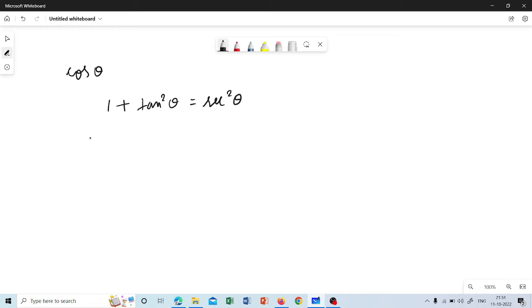So again I can write tan theta, now in terms of cos. So this is nothing but tan theta is equal to sine theta by cos theta. So this is sine theta into secant of theta.